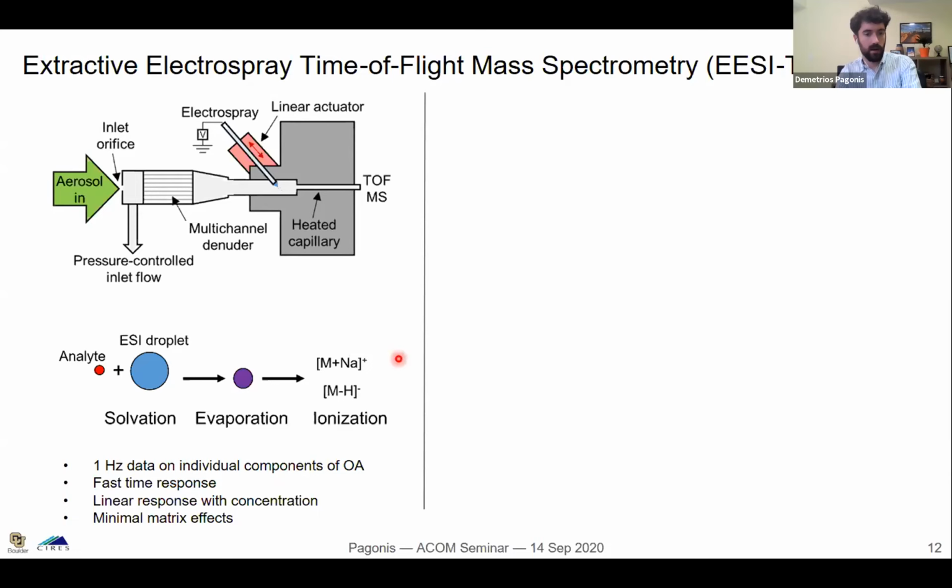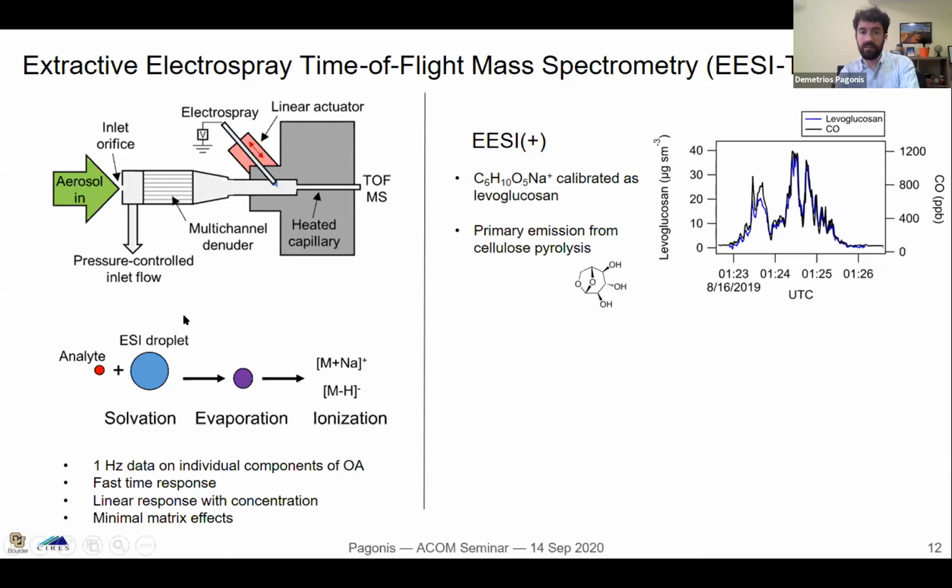And so we flew with both throughout FIREX, and I'll go ahead and show you some of that data here.